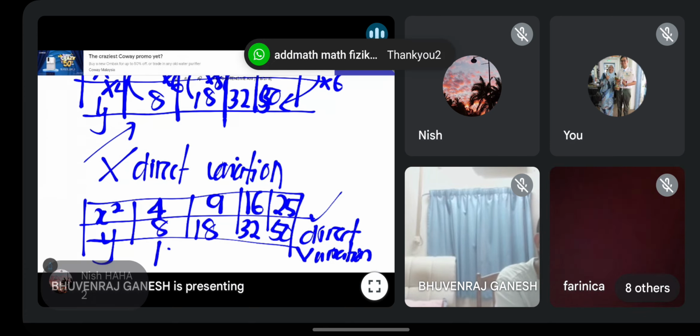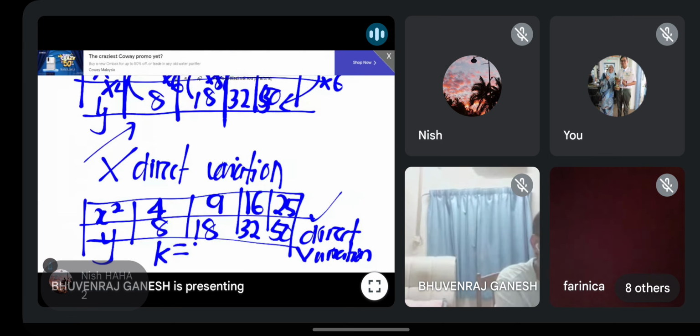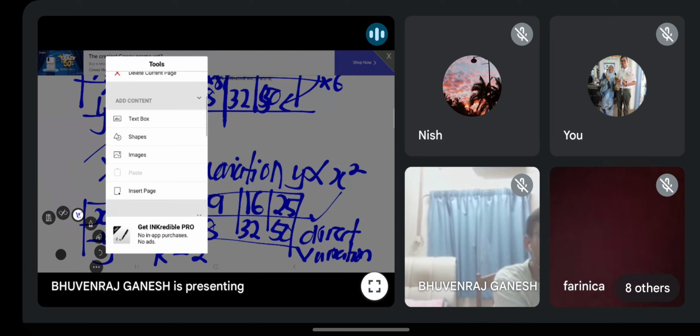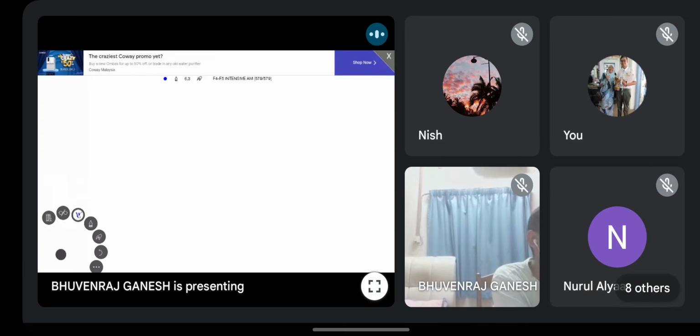Yes, correct. Okay, your pemalar is K equal to 2. Okay, so if you want to write in variation, kamu tulis Y berkadar langsung dengan X kuasa 2. Y varies directly as X square. So this is how we write variation. Okay, so this is another example how to get direct variation.